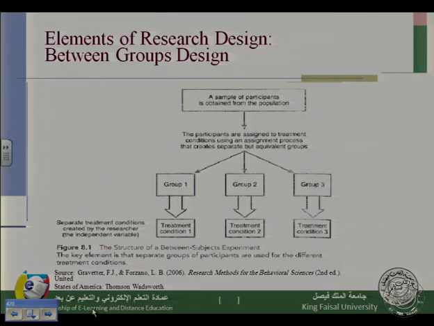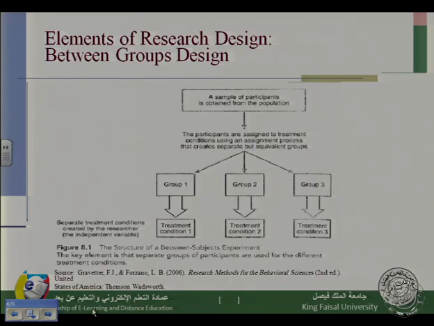So the participants are assigned to treatment conditions using an assignment process. This is what I talked about, assignment process or assignment criteria that creates separate but equivalent groups. And this is the key word: they should be equivalent groups. So we have group 1, group 2, group 3 with 3 treatments: treatment 1, treatment 2, and treatment 3.